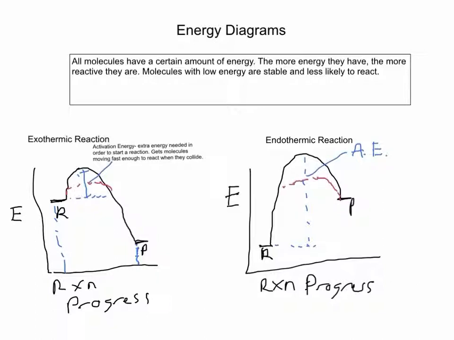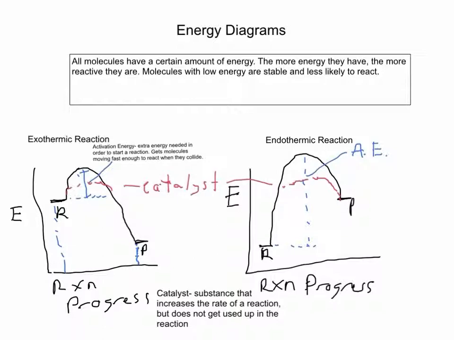So it lowers the height of the hump. So the red height is with a catalyst. It lowers the height of that peak.